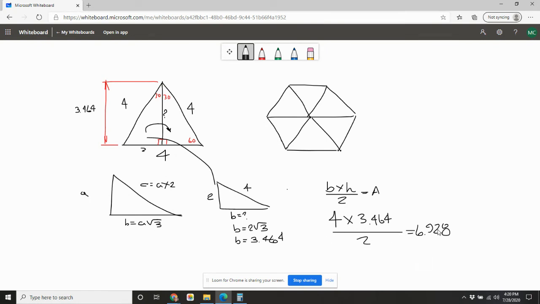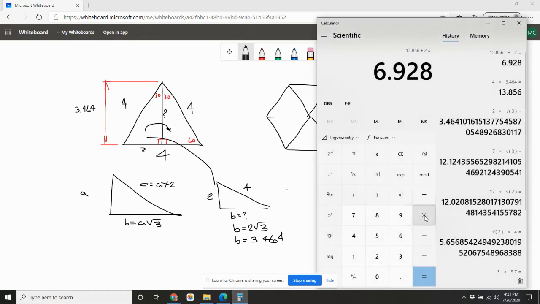So we'll call this, I don't know, feet squared, the area, feet squared. Now if I wanted to get the volume, 6.928 feet squared times a height of 3.6 from the top of the page equals what?